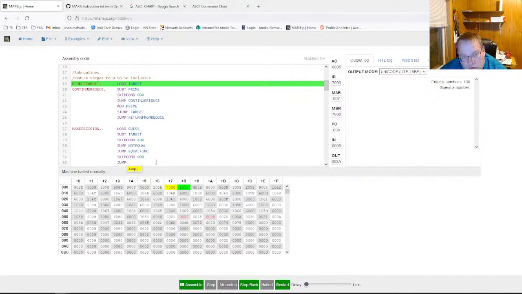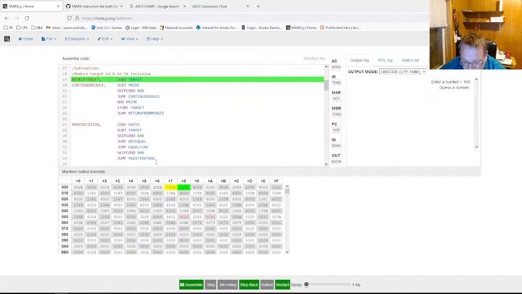And we know it's not equal, so that means this one's positive. So we're skipping this one if it's negative. So we know that this one is positive. Positive func. And then we can just simply do a jump to negative func.